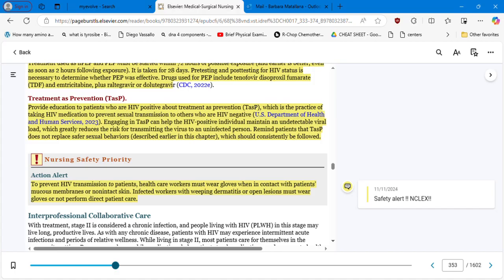Remind patients that TASP does not replace safer sexual behavior described earlier in this chapter, which should consistently be followed. As soon as you know you had contact with somebody with HIV, you have to follow up with testing every 3 months, or as your doctor recommends.